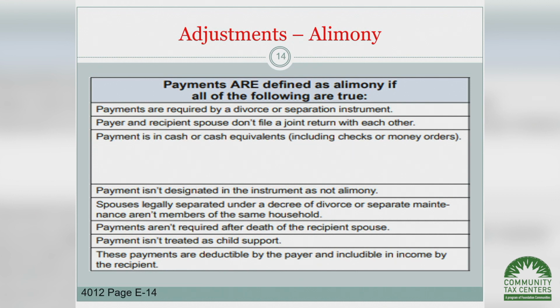And the only time you'll see it is at the end of the return when you're explaining it to the taxpayer. Okay? And we really don't see a lot of alimony. Well, we used to not see a lot of alimony, but now that we're beginning to get more and more people moving in from other states, we are seeing it some. And we don't want you to confuse alimony with child support.